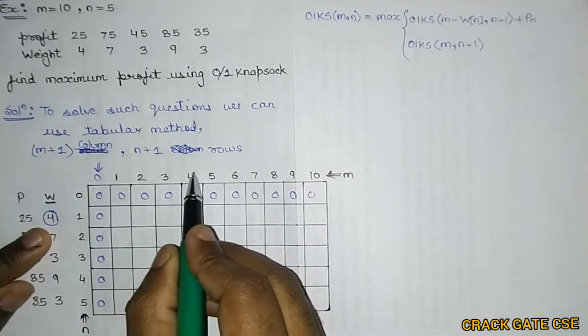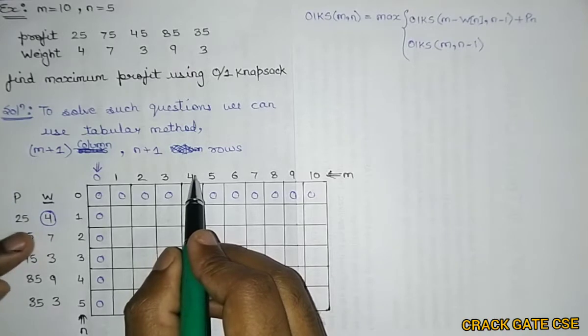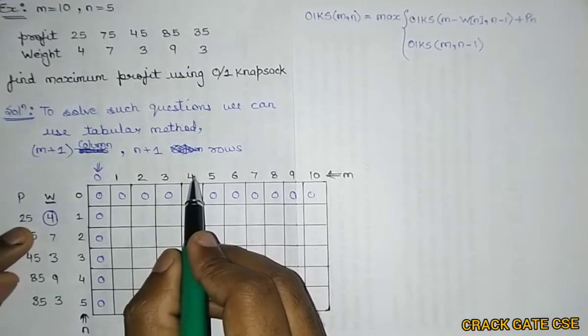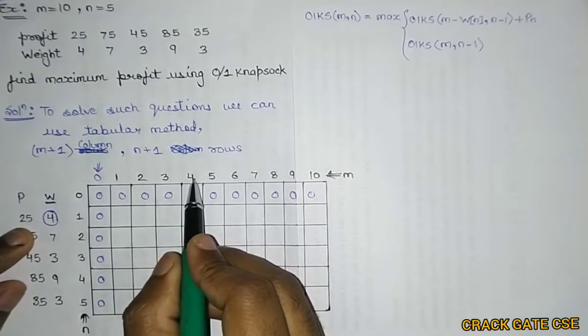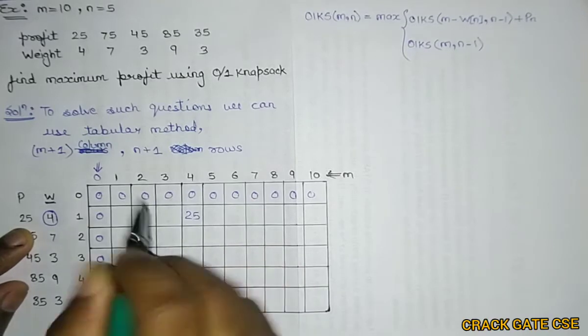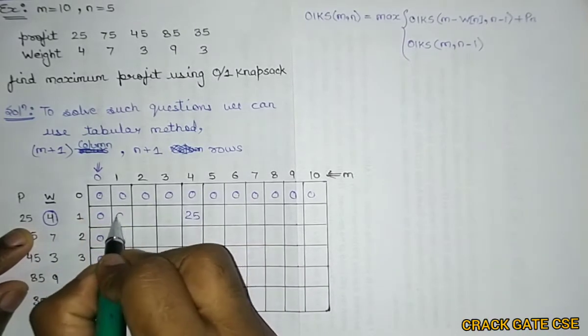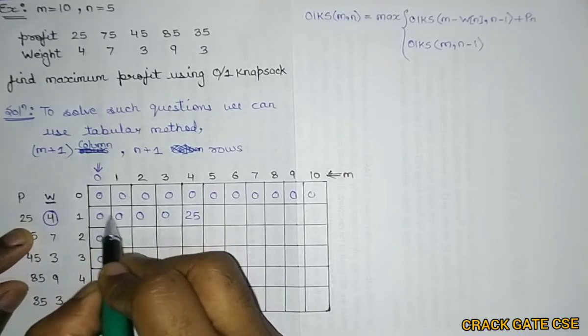So here it matches. If it matches, that means I can take the particular object and I can get the profit as 25, because for 4 the respective profit is 25. So I will write the profit here, which is 25. All these earlier values will be 0. Just by comparing left and top we take the maximum value.